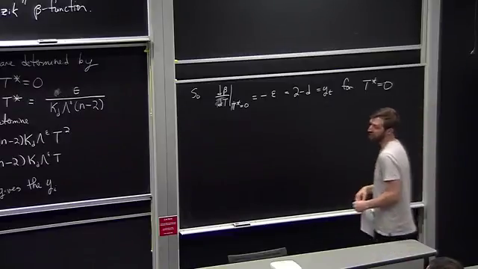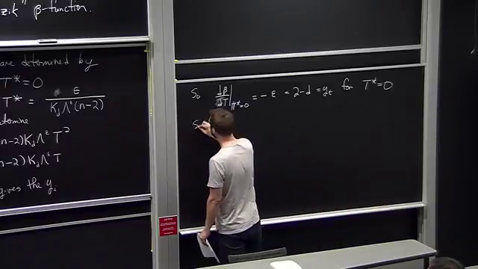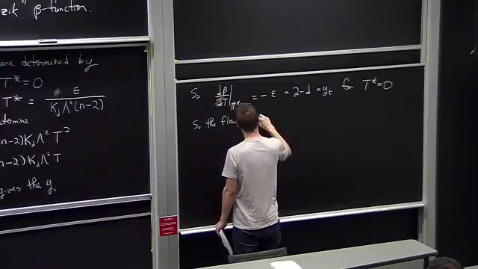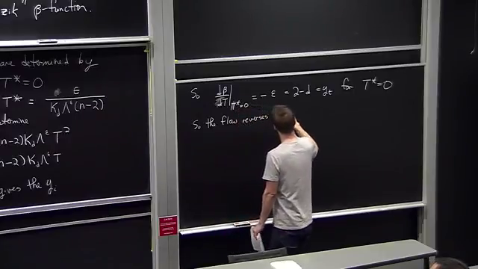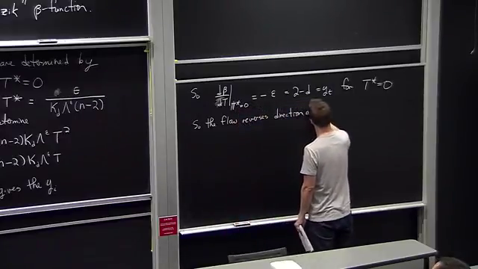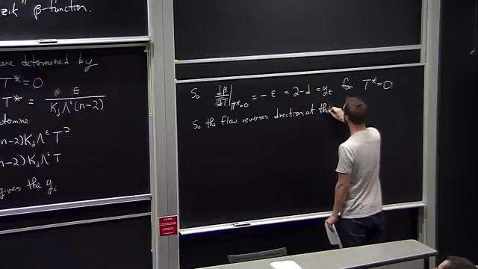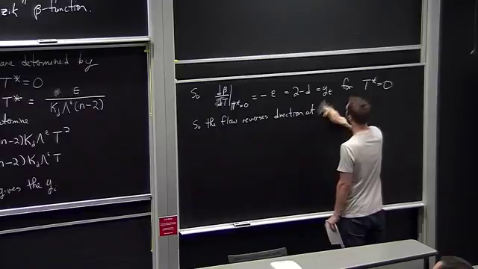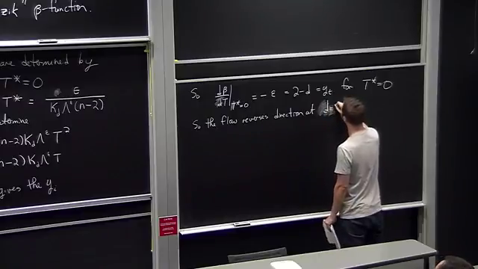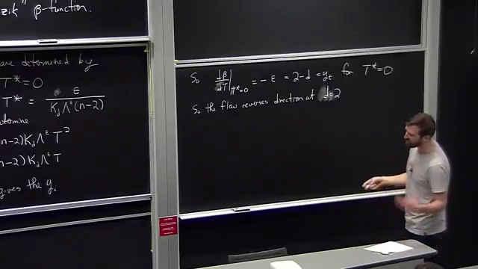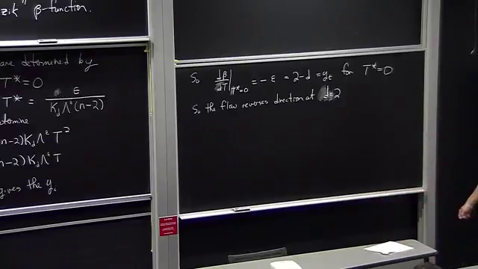So it reverses direction at d equals 2. Okay, so there's a consequence for stability of phases at that dimension.